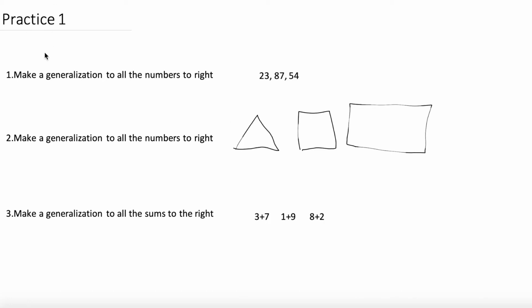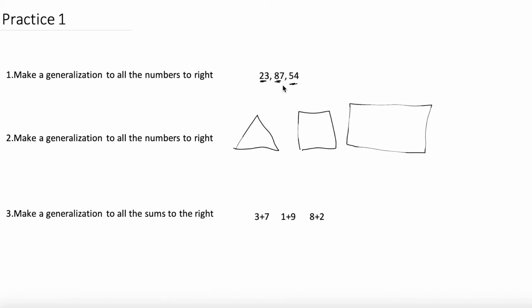So for number 1, make a generalization about all the numbers to the right. We have 23, 87, and 54. First off the bat, I see they all have 2 digits in their name.